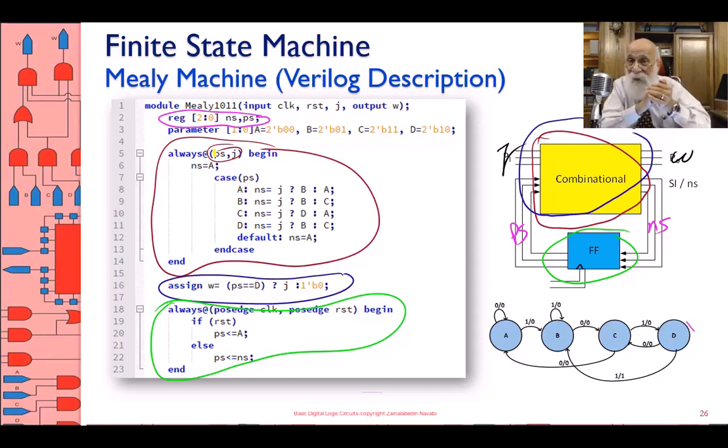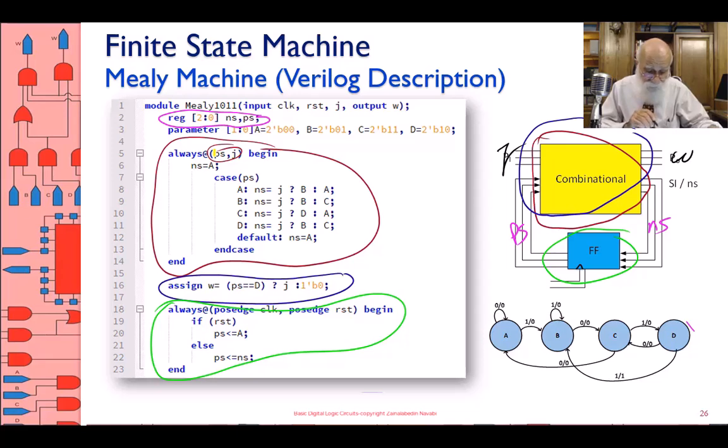A is a parameter, the 00 parameter. So instead of saying the next state in its inactive value is 00, I just say next state equal to A, which is the parameter that I just defined. Then on line 7, I start the case statement, looking at the present state. Present state is the input of that dark red circle.